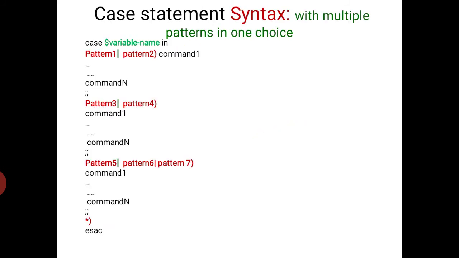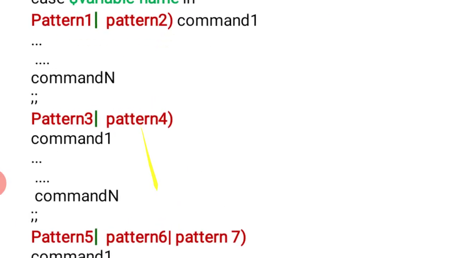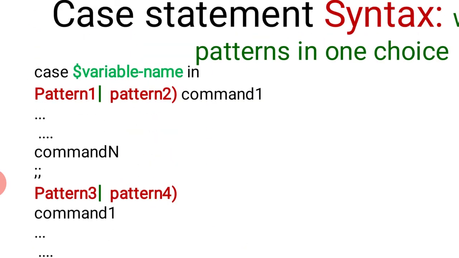Next one is the second pattern of the case statement. In this case statement, we have a choice. Earlier we had to match one by one, but here we can have multiple patterns, with the pipeline meaning either this pattern or this pattern, that is pattern 1 or pattern 2.